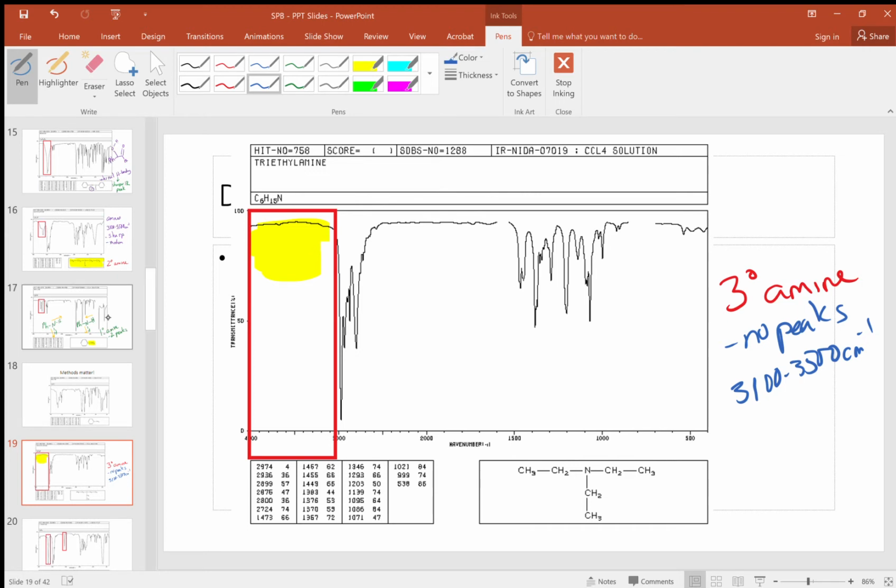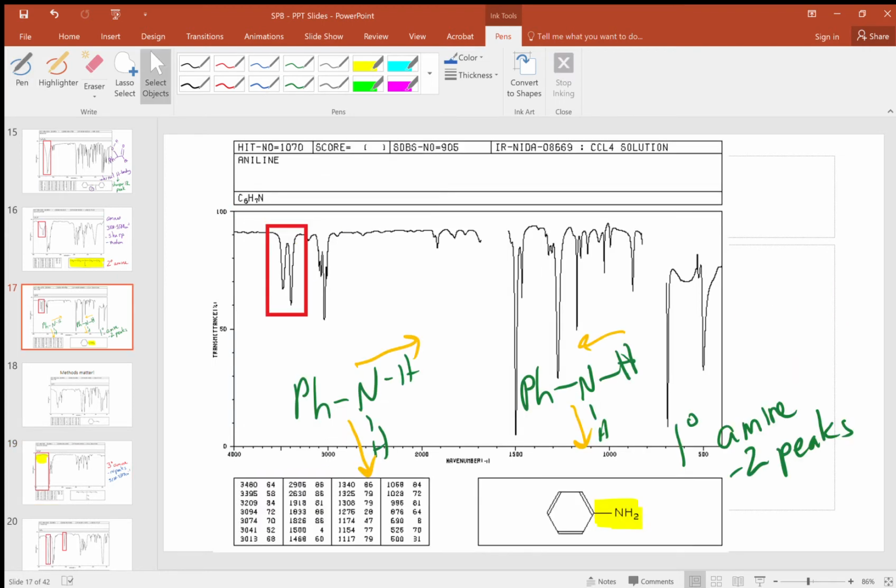Now, one other piece before we continue to go on, because sometimes students will go to this site. All of these spectra that I'm using here come from a site known as the SDBS, the Spectral Database. It's a fairly large database.